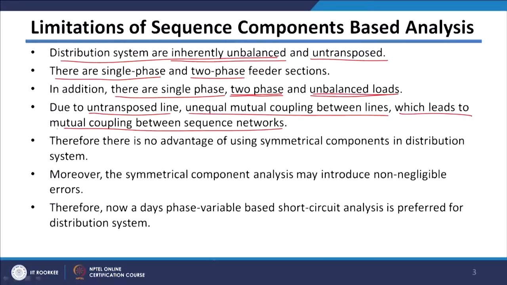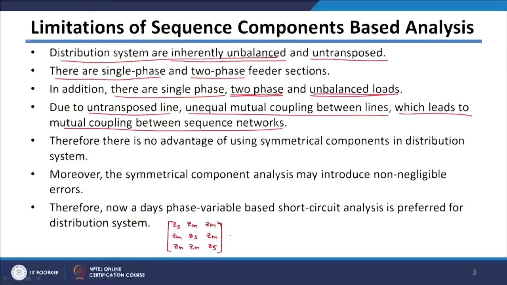If the line is transposed, the impedance matrix has the form Zs, Zm, Zm; Zm, Zs, Zm; Zm, Zm, Zs. All the diagonal entries are equal, as are the off-diagonal entries Zm.